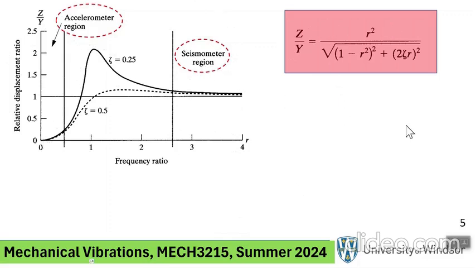So here's what we already know. And notice that when R is on this side, to the right of 3, okay, big Z over big Y is almost 1. That means big Z is approximately big Y. And that means that the relative displacement of the mass inside of that casing is almost the displacement of the base.